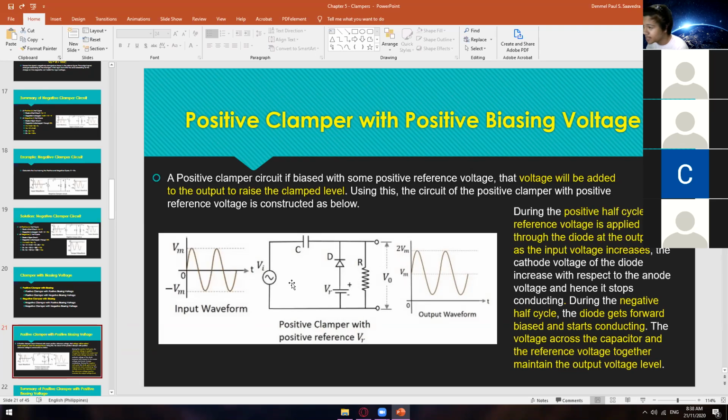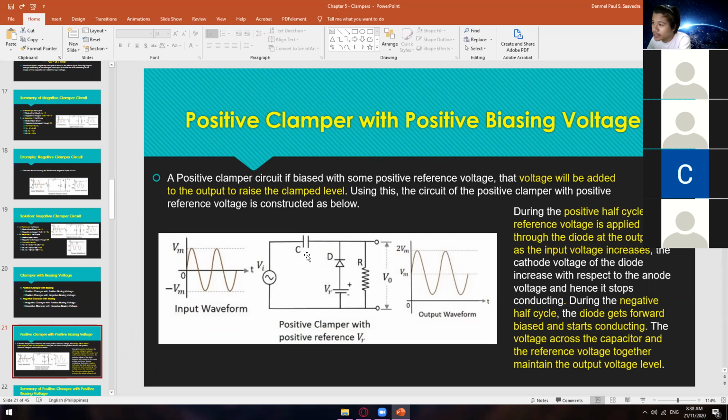So if you're going to analyze this, we will start on the negative half cycle. No, sorry. Actually, you can start with either of those two. But my advice is you must always go with the higher voltage, a higher comparison between those two voltages, because we now have two voltage sources.